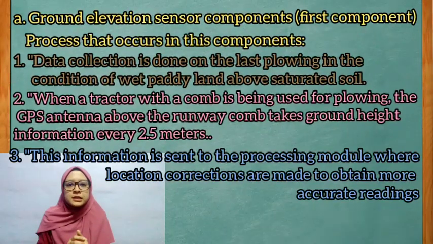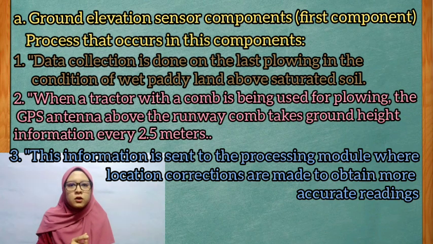The first process is data collection, done on the last plowing in the condition of wet paddy land above saturated land. Second, when a tractor with a comb is being used for plowing, the GPS antenna above the runway comb takes ground height information every 2.5 meters. Third, this information is sent to the processing module where location corrections are made to obtain more accurate reading.